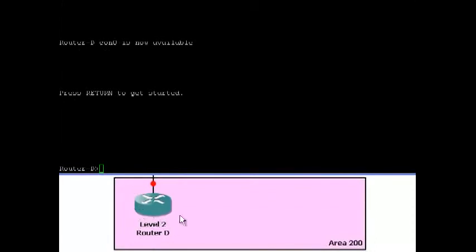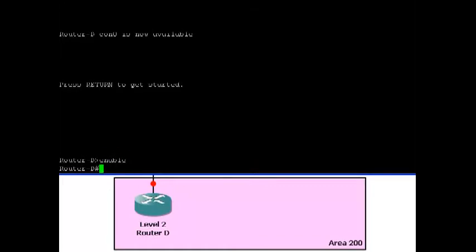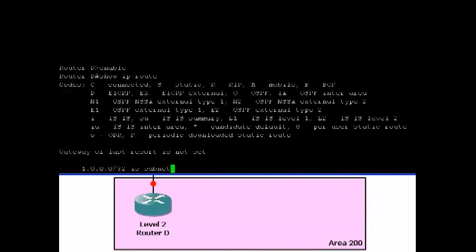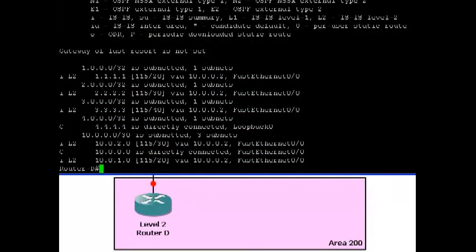Now we're looking at the terminal window of router D, which is in area 2. Let's take a look at what networks this router knows about. It knows about all the loopback addresses from all the areas.